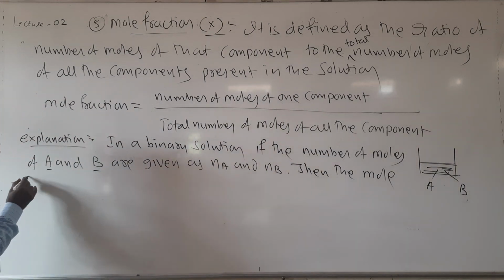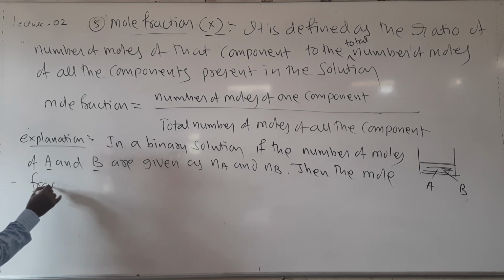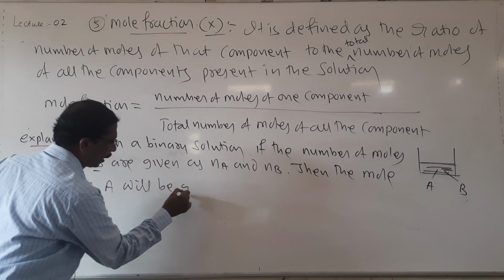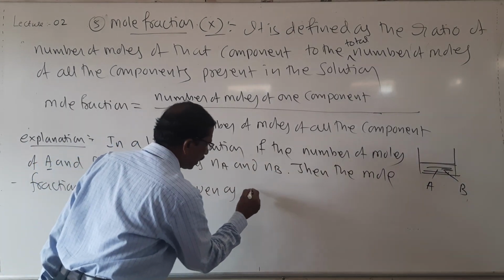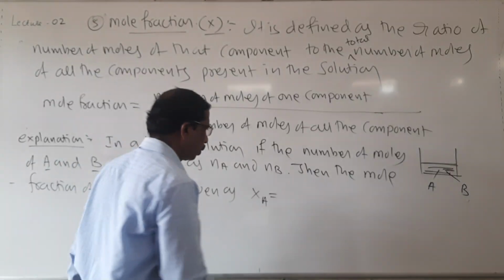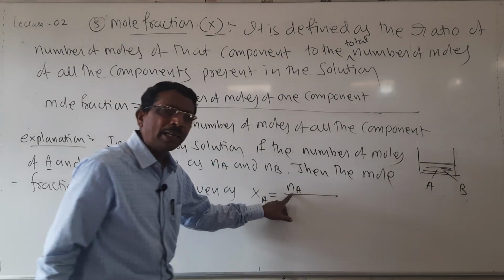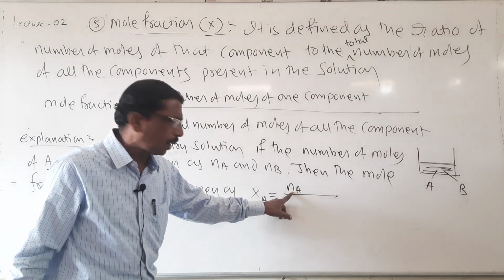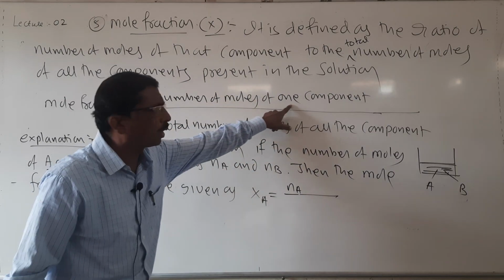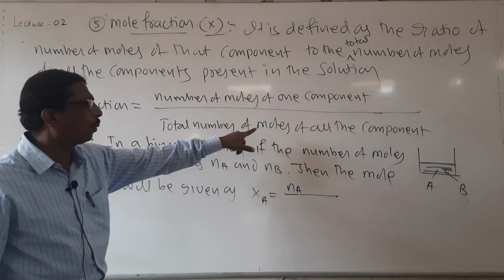the mole fraction of A will be given as Xa is equal to, X is the symbol of mole fraction, Xa is equal to number of moles of component A, N means number of moles of component A, and bottom the total number of moles of all the components.